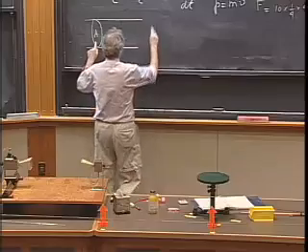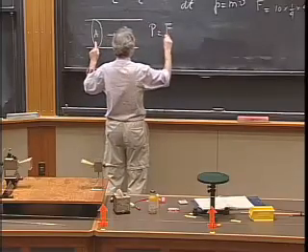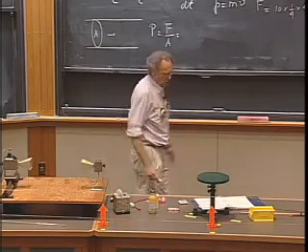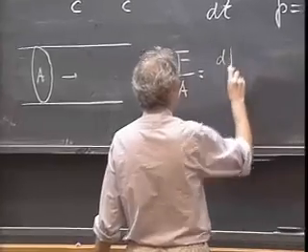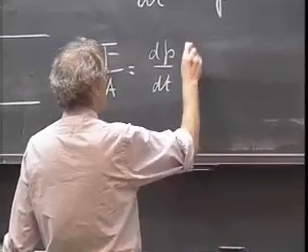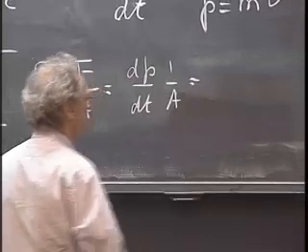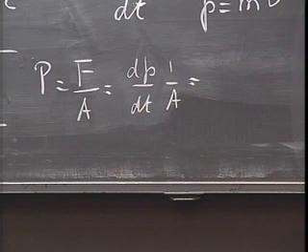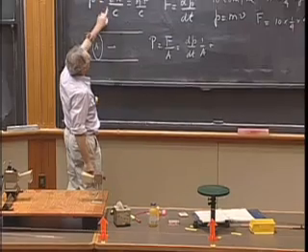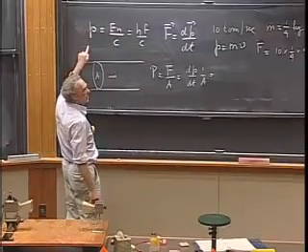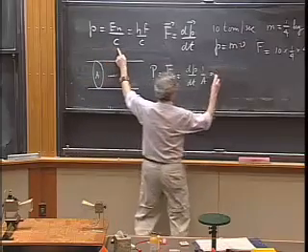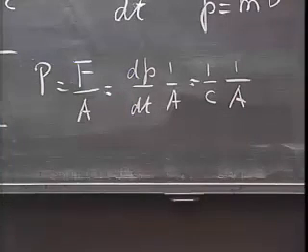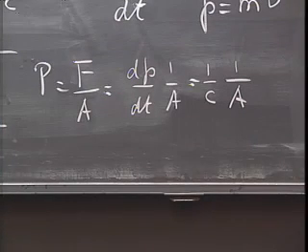The pressure that you feel is obviously the force that you experience divided by the area. The force is dp/dt divided by the area. But if p is the energy divided by c, I take dp/dt, so I get 1 over c, then I get my 1 over A, and then I get dE/dt, E being the energy now.